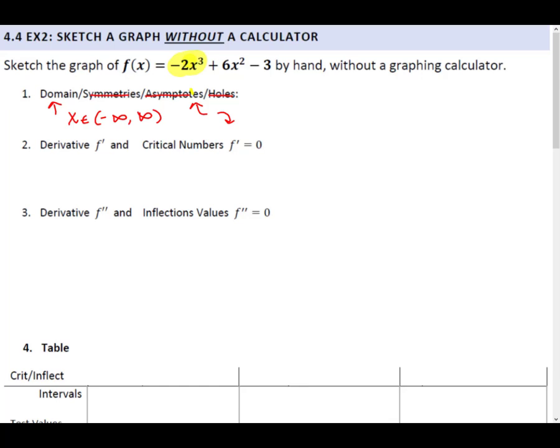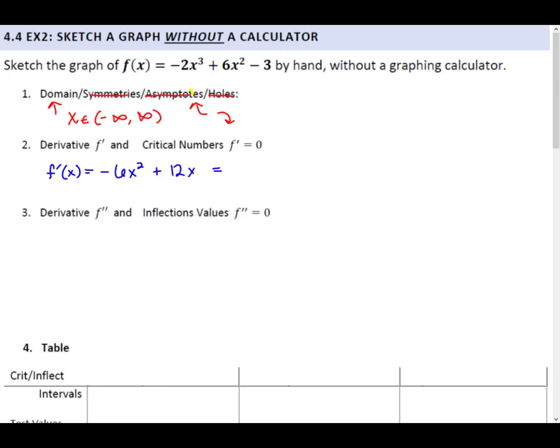All right, so now let's think about our first and our second derivative. My first derivative, and the derivative of a polynomial is easy to determine, is going to be negative 6x squared plus 12x minus 0. The derivative of a constant is 0. When we write that derivative, we always want to put it in factored form.